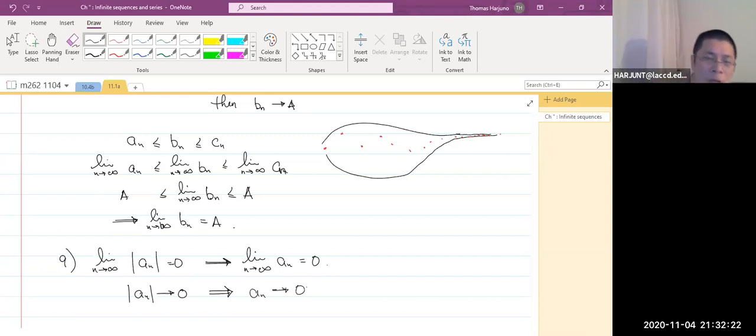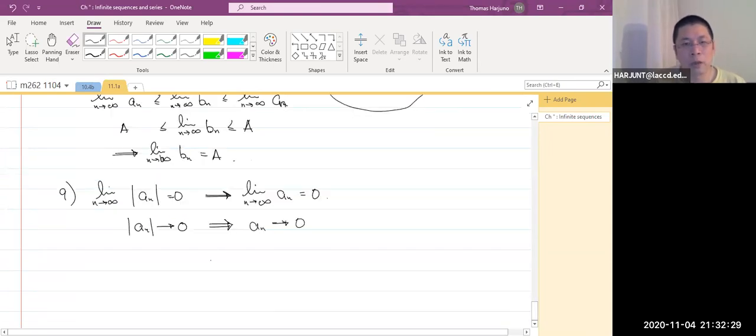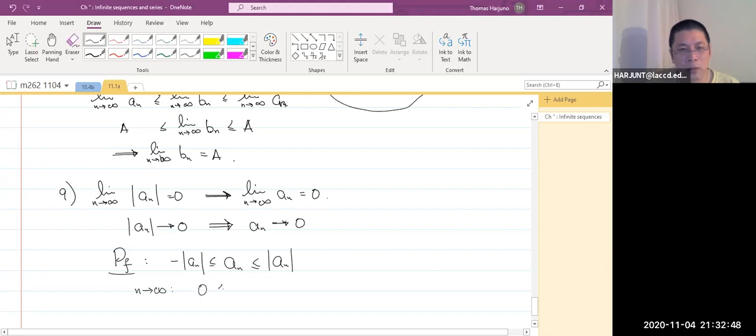But what we have here is actually a consequence of the squeeze theorem. Yeah, because the proof for this is actually quite easy. Let me just do it. You see that a sub n must be less than or equal to the absolute value of a sub n, and also bounded below by negative absolute value of a sub n. Now when n goes to infinity, this becomes 0, this becomes 0, right?